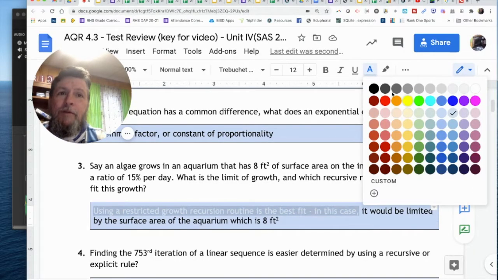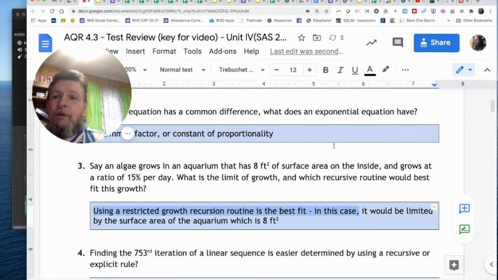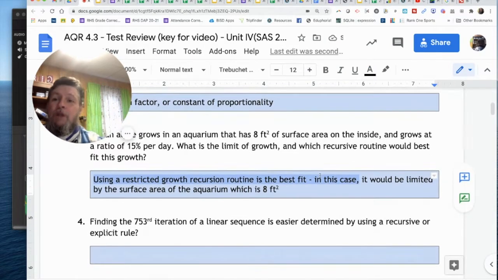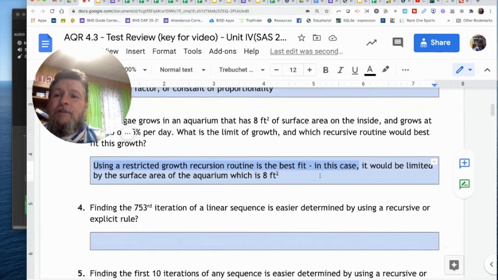We briefly went over this in the very last section in Unit 4. I want to make sure you understand what that means. There's an equation we use that restricts the growth based on the limit it is given. In this case, 8 square feet is the limit. We're not given an initial value, so we're not asked to do anything. We just need to give our answers to this question.